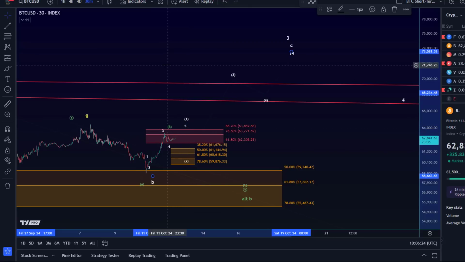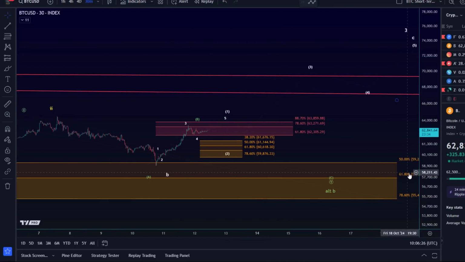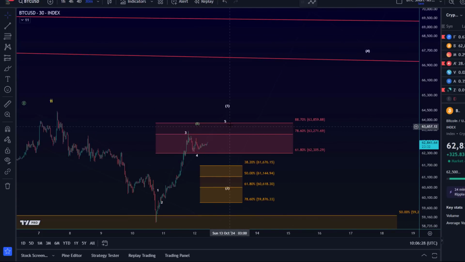So I've sketched out how such a 5-wave move would look. I would need one more high. Then I can say, okay, maybe this is a 5-wave move. Next resistance is at 63,859, and then the structural resistance at around 64,480. And I've added a support area already, located between 59,870, that's micro support, and 61,670.